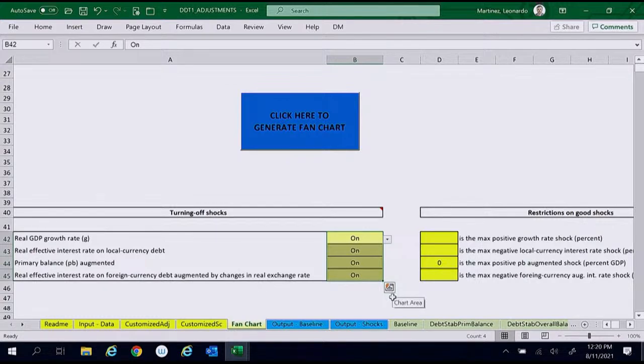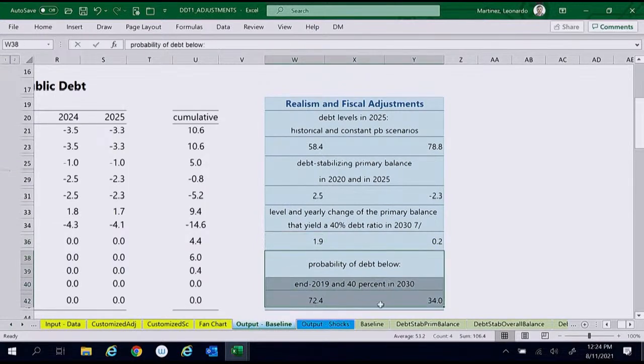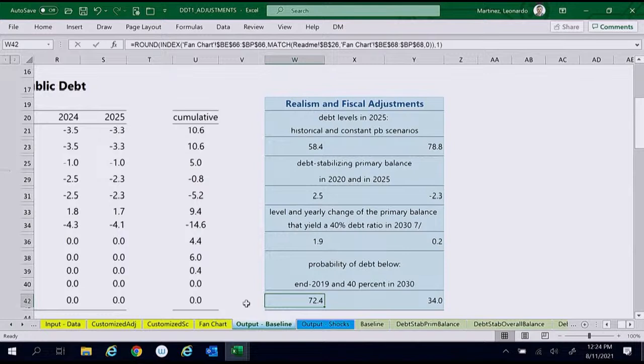Using the percentiles of the distribution of debt trajectories generated in the fan chart worksheet to approximate probabilities, we can report to the ministry that, as shown at the bottom of the blue table in the output baseline worksheet, the probability of the 2030 debt ratio being lower than the 2019 ratio is over 70%. The probability of the 2030 debt ratio being below the 40% ceiling in its fiscal rule is less than 35%.